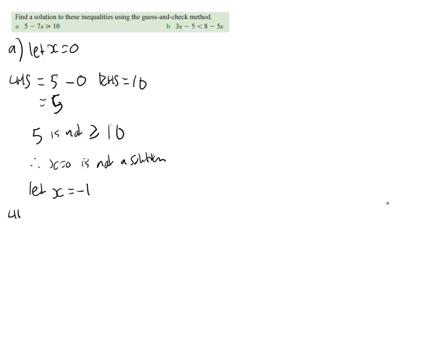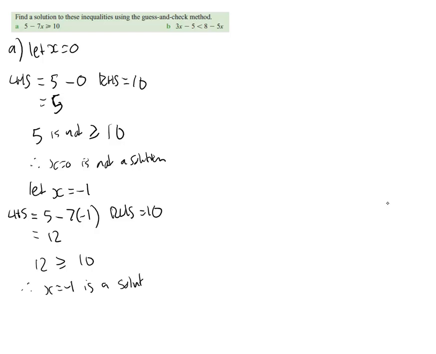And the left-hand side is going to be 5 minus 7 times -1, which is going to be 12. And of course, the right-hand side is still 10. 12 is greater than or equal to 10. So therefore, x equals -1 is a solution.